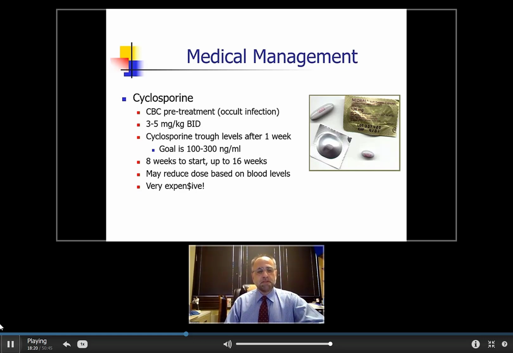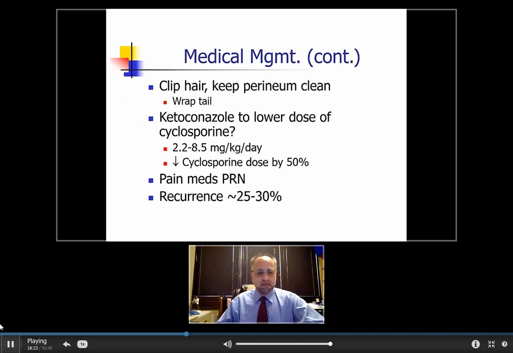Unfortunately, cyclosporine can be pretty expensive. So to try to minimize the cost and try to minimize the amount of immunosuppressive drugs we're giving to these patients, we sometimes will treat them with ketoconazole. The reason ketoconazole is used is because the enzyme that breaks down cyclosporine also breaks down ketoconazole.